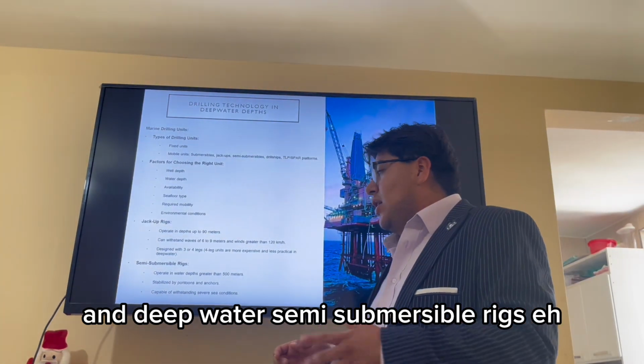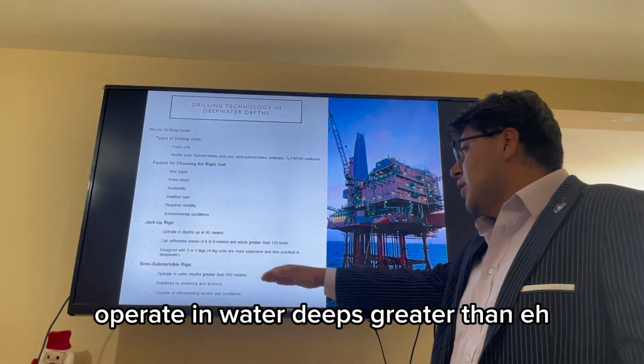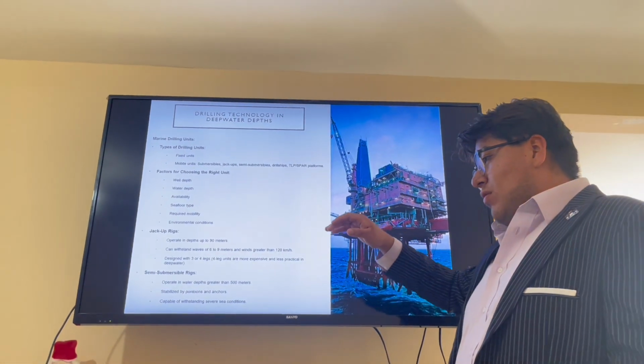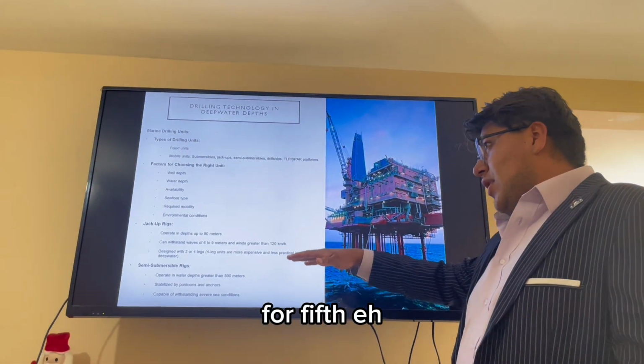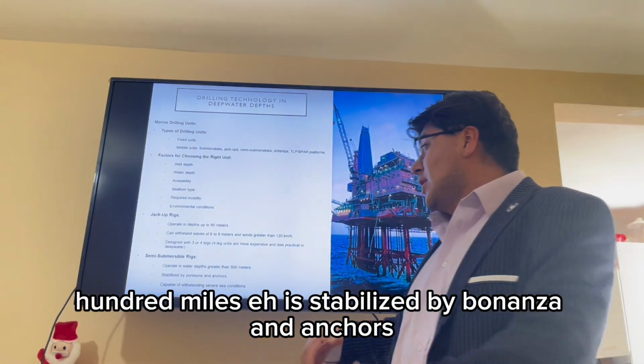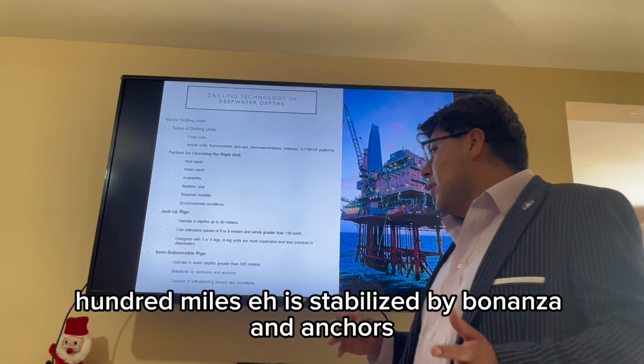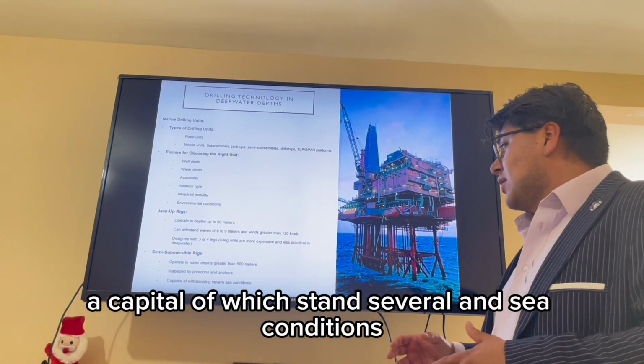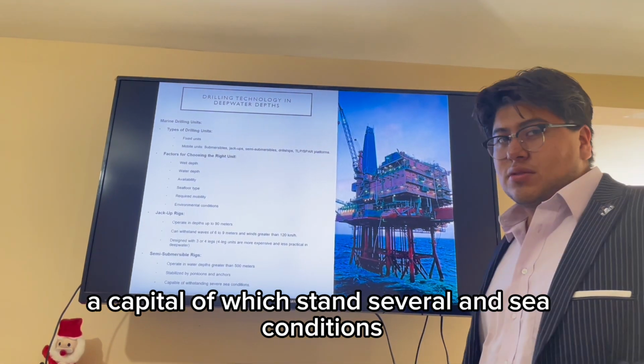Semi-submersible rigs operate in water depths greater than 100 meters, are stabilized by pontoons and anchors, and are capable of withstanding severe sea conditions.